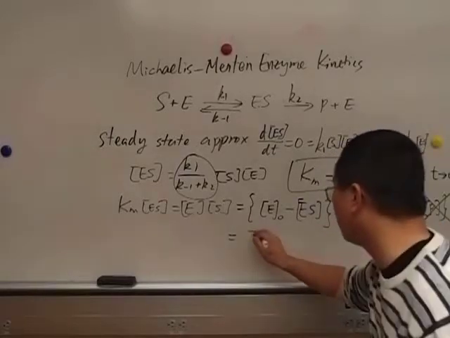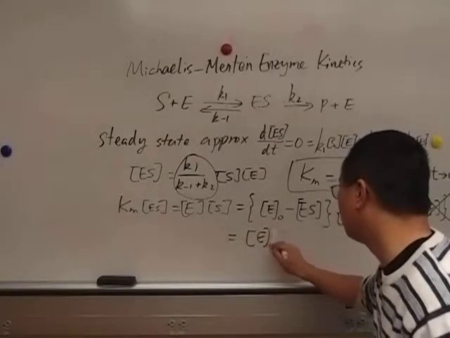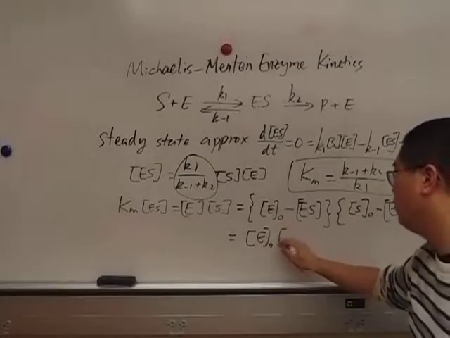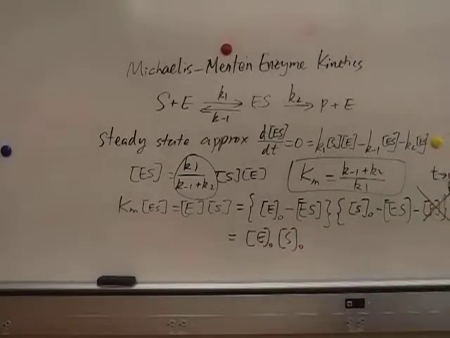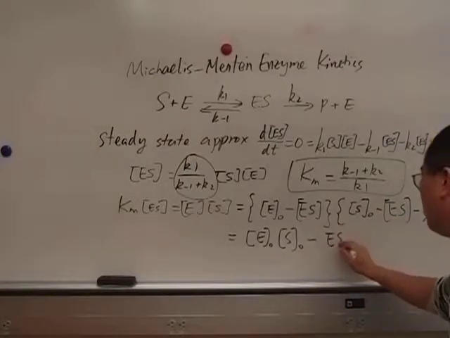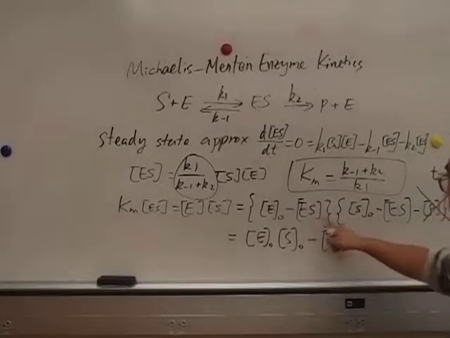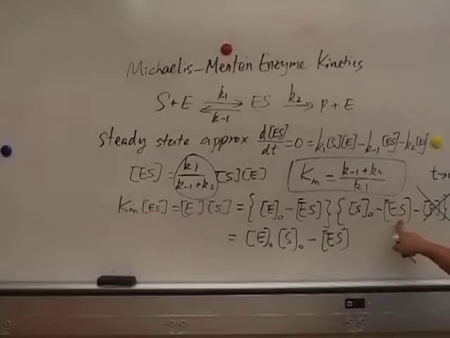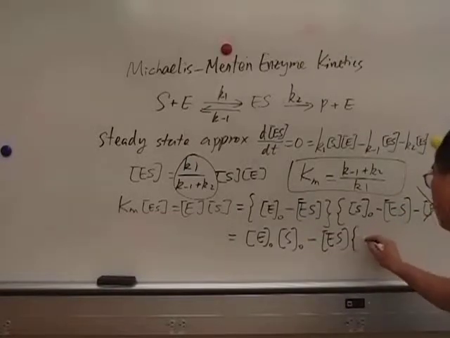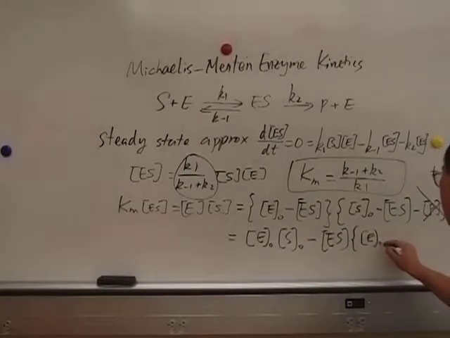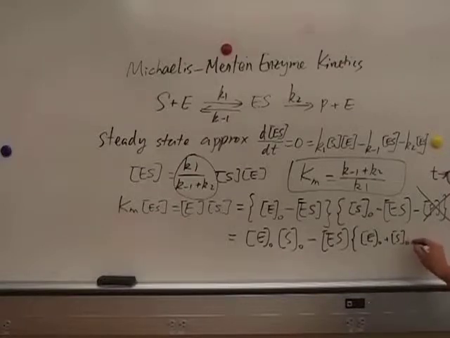We can simply get the initial concentration of E times the initial concentration of substrate, then minus ES times this guy, and ES times this guy, so basically it's just E naught plus S naught here. There's another term, which is negative ES times negative ES.